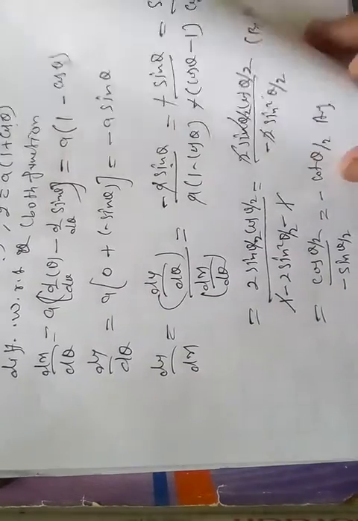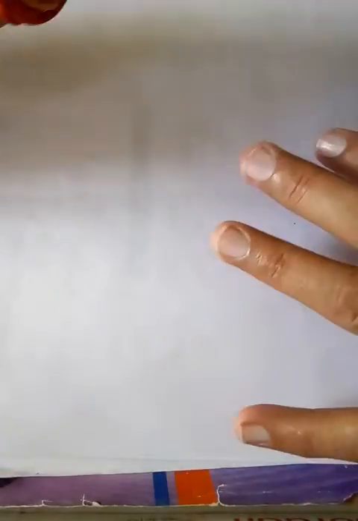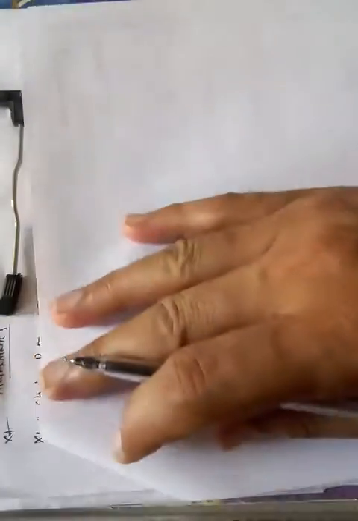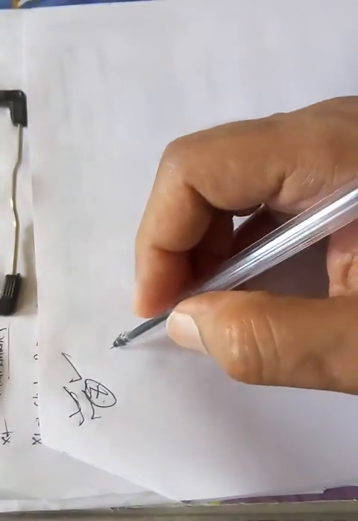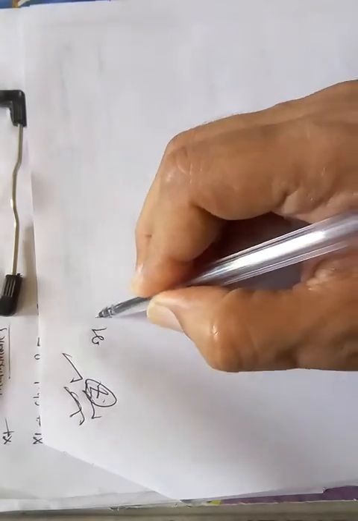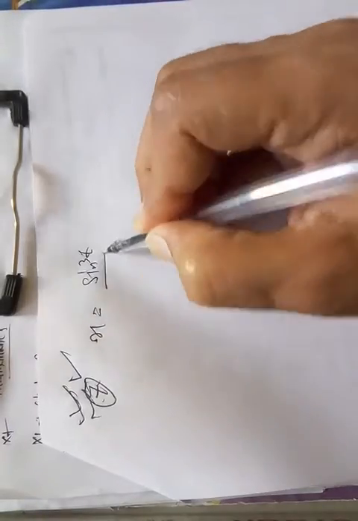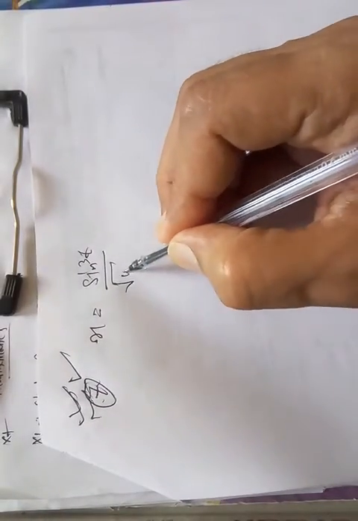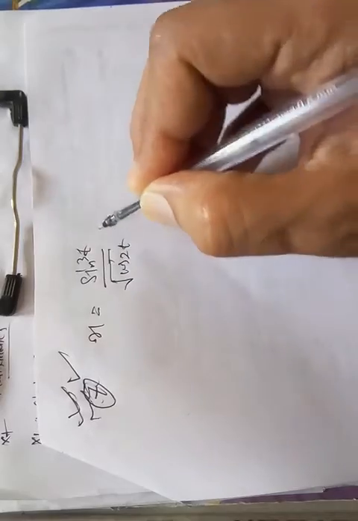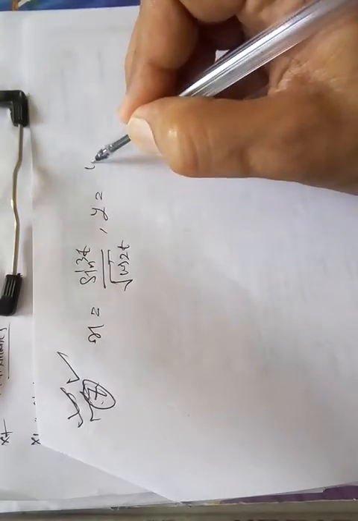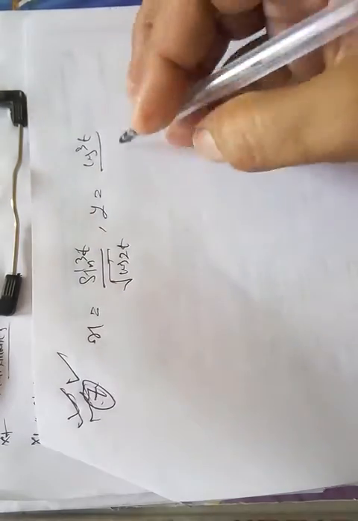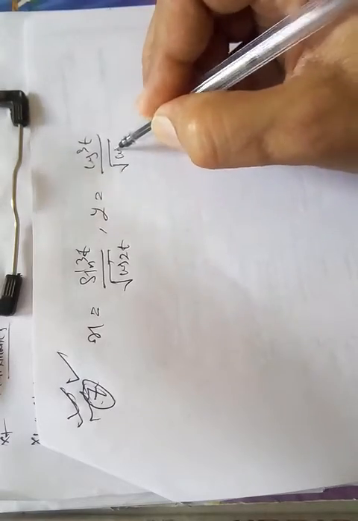Next, question number 7, an important question for the board examination, most repeated. x equals sin cube t upon under root cos 2t, and y equals cos cube t upon under root cos 2t.